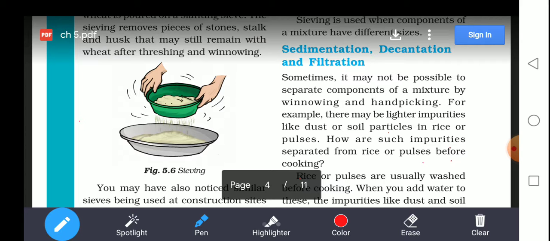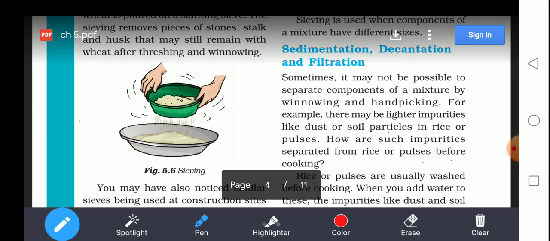Here the components we are separating from a mixture are very small in size, and also lighter impurities. The impurities we are removing here are of much smaller size.